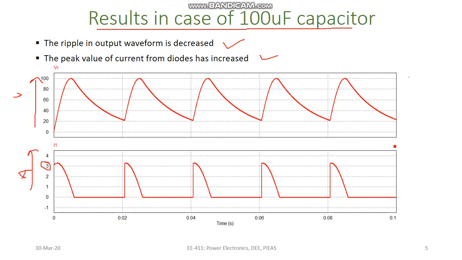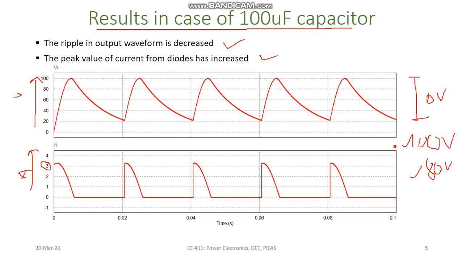And also you can see that the ripple in the output voltage has reduced. In the previous case it was almost 100 volt, but now it is from 20 to 100 volt, that is 80 volt delta V. The new one is 80 volt.